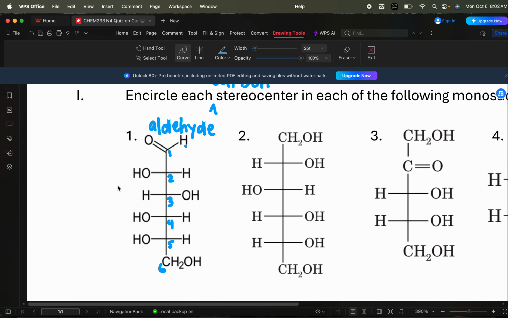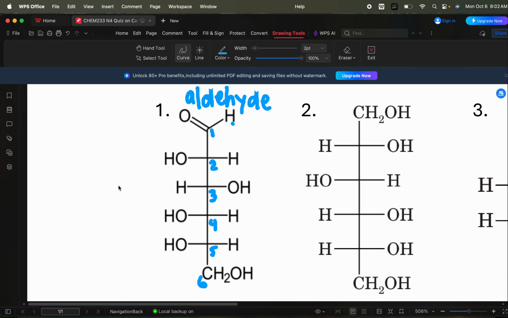We can redraw this, starting with carbon number 1. So carbon number 1 would look like this. C, or carbon, is connected to hydrogen.